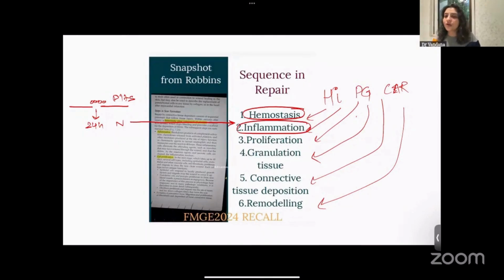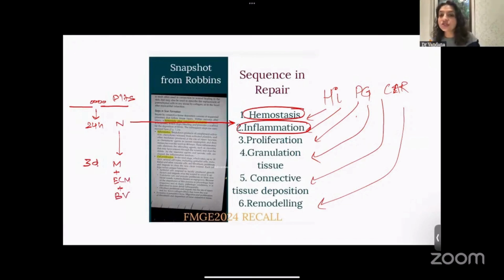Now once the neutrophils come into action, what is going to happen? After that, these neutrophils are replaced by macrophages on day 3. These macrophages are going to start depositing granulation tissue, because they are going to attract extracellular matrix and proliferating blood vessels.